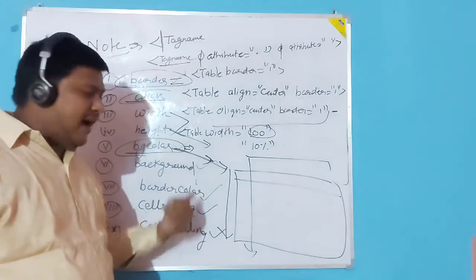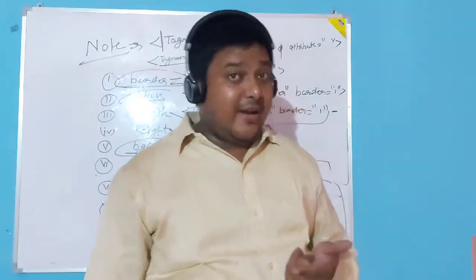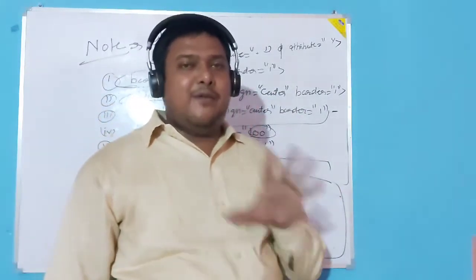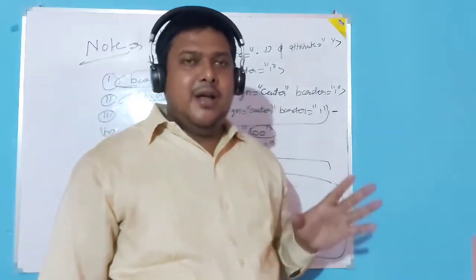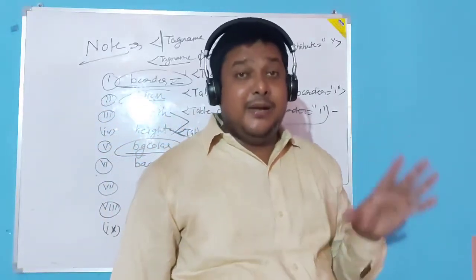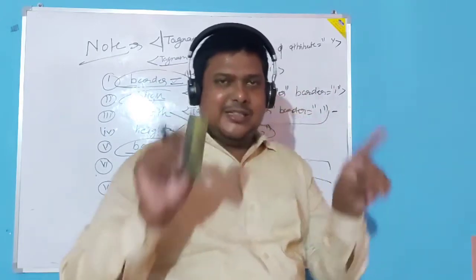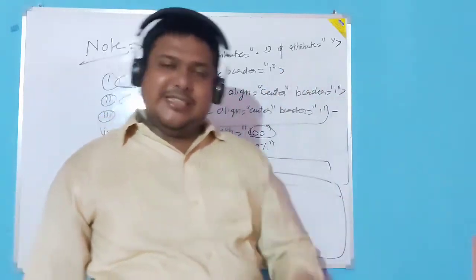Clear? I already told you, you do not need to use the locations if your source code and the image are both in one location. Either you may keep all the files, image files, whatever you are going to use in your web page, in one folder, and the source file also in the same folder.